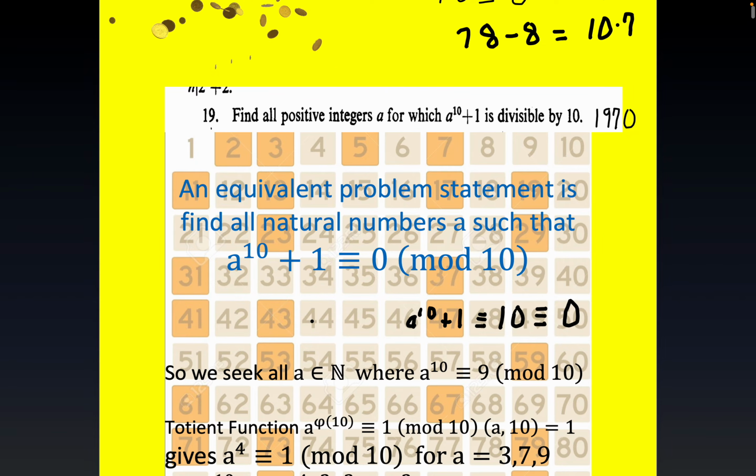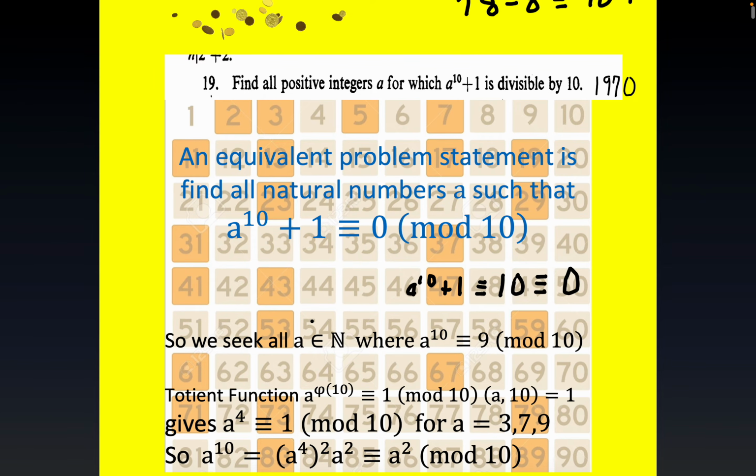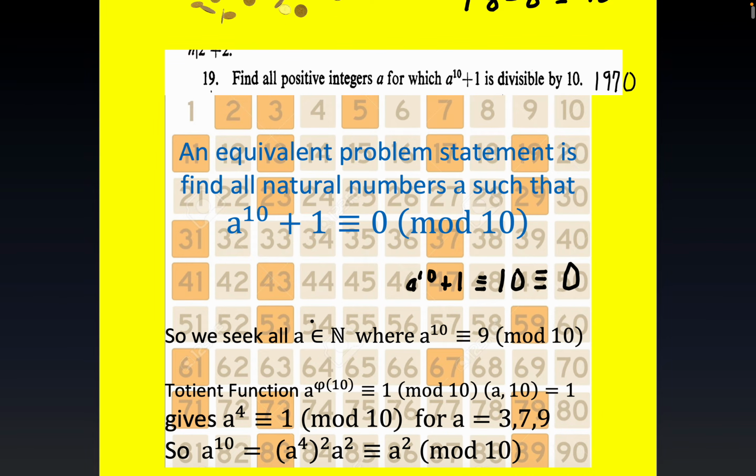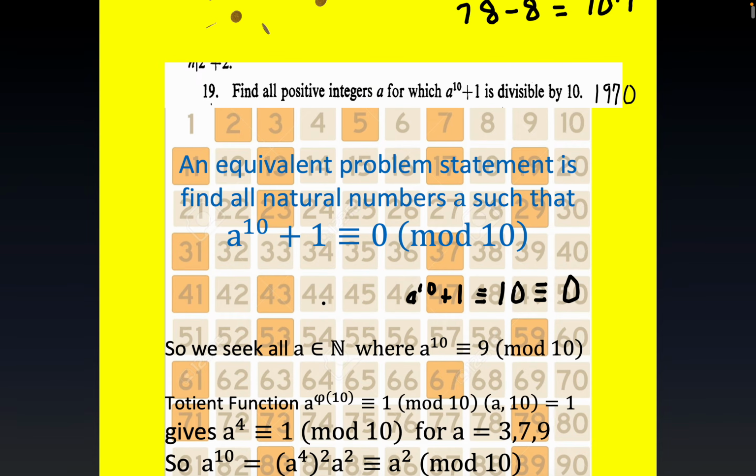Now, there are some obvious things based on this result. We're seeking all a such that a to the 10th is congruent to 9. Notice that all the even numbers, let's just write them in a list: 2 to the 10th, 4 to the 10th.